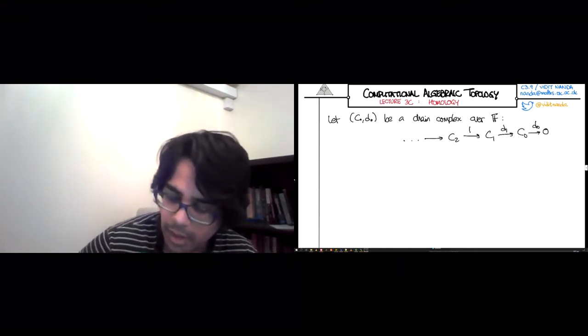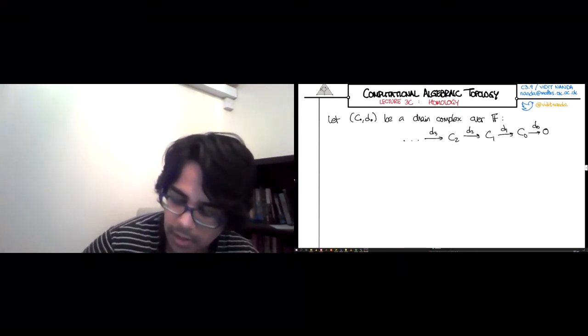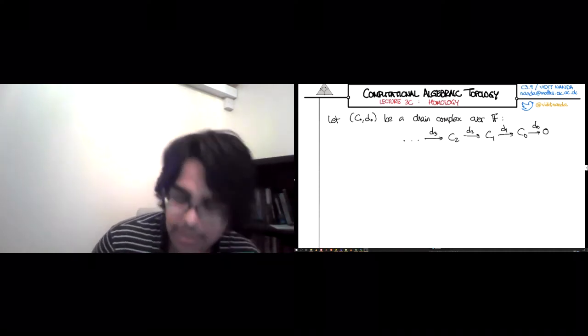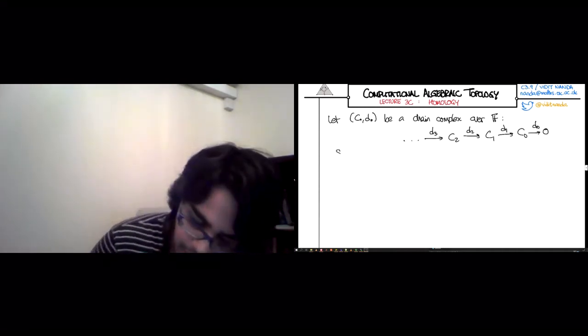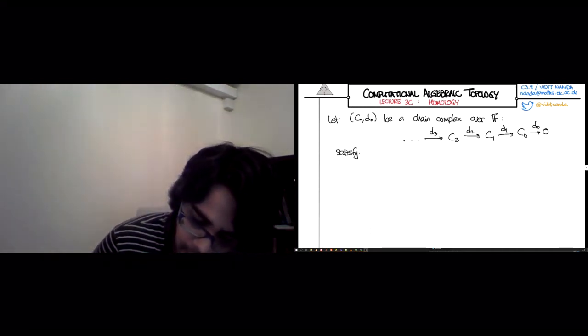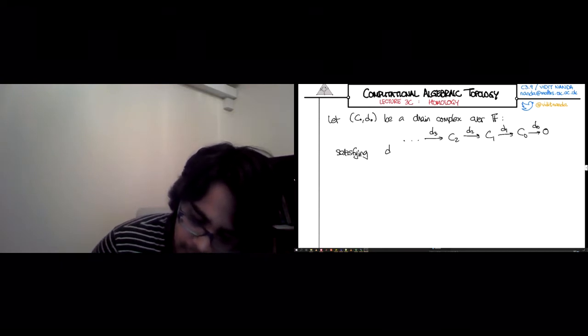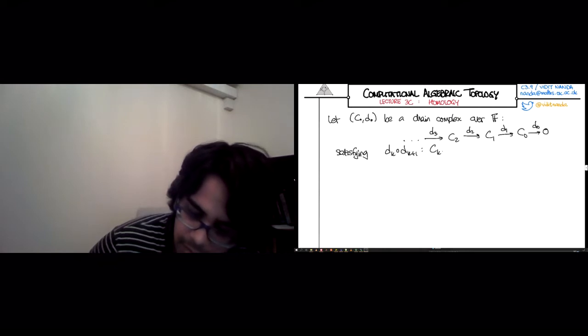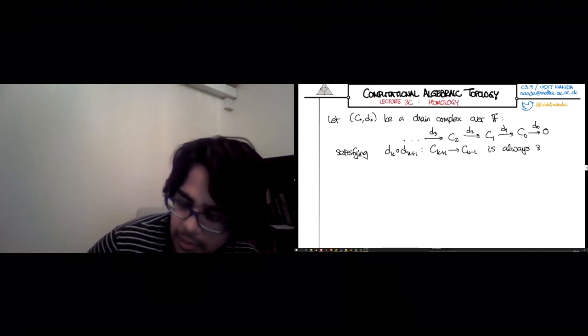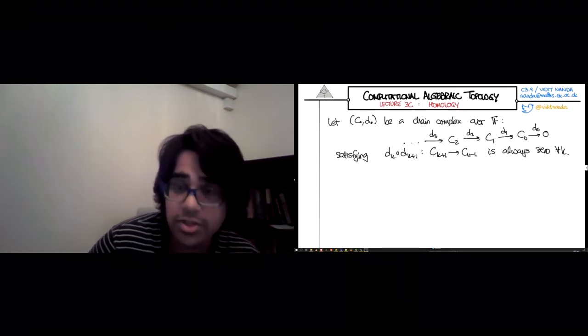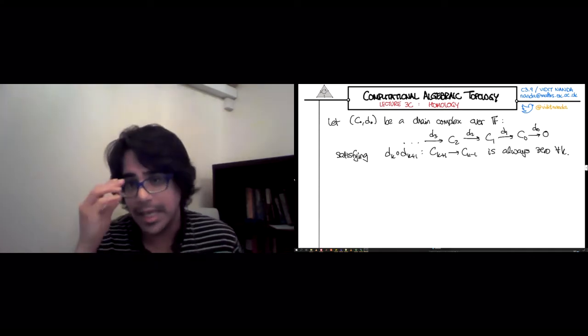D0, D1 are linear maps, and so that's part of the definition. And then the most important bit of it is that dk composed with dk plus 1, which is the map going from ck plus 1 to ck minus 1, is always 0. Which is not saying that either ck plus 1 or ck minus 1 has to be 0.